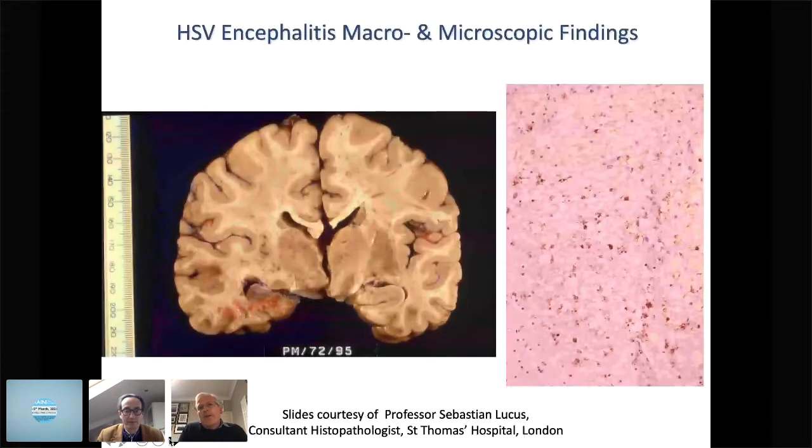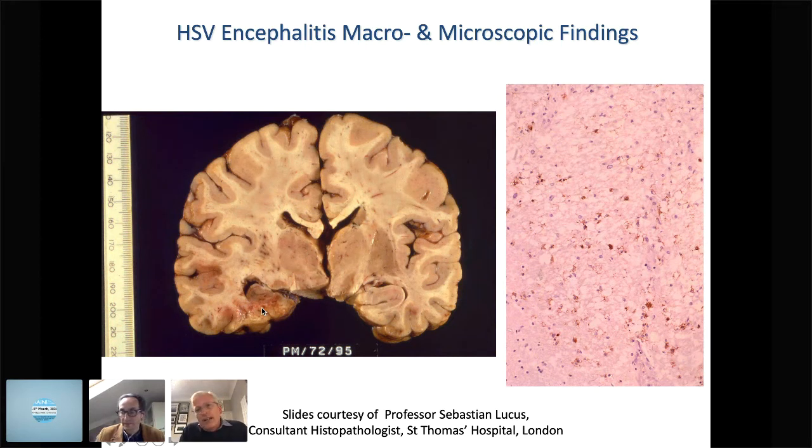So, when we think about infectious causes of encephalitis, certainly in the resource-rich world, we primarily think about herpes simplex encephalitis. And here is perhaps where things have gone wrong, post-mortem tissue. On the left, macroscopically, a coronal section through the brain and the temporal lobe, where you can see a necrotic hemorrhagic process and potentially some mass effect.